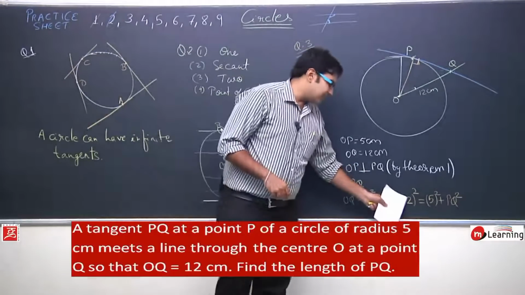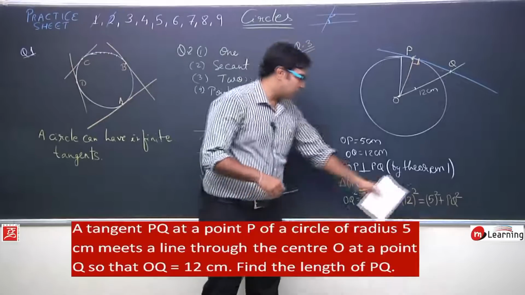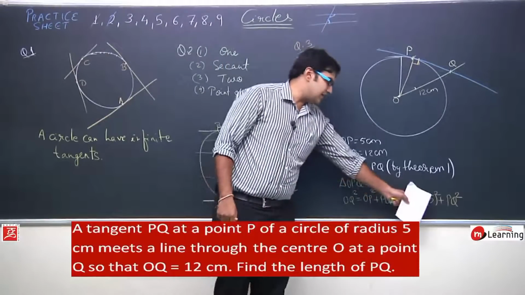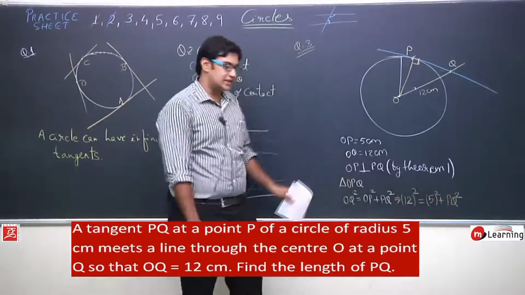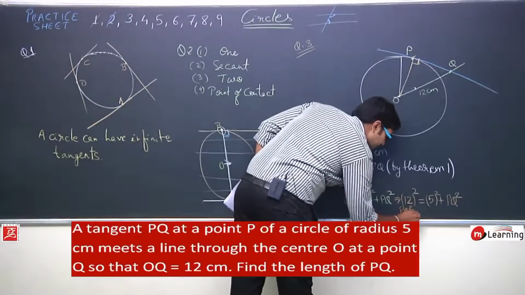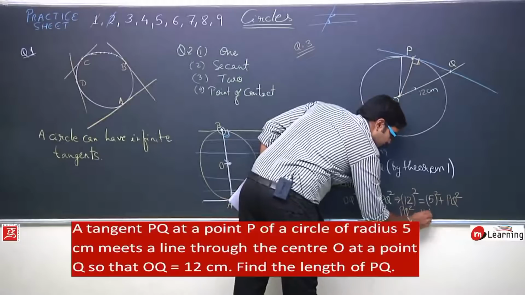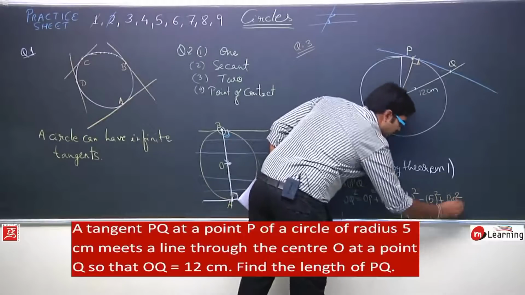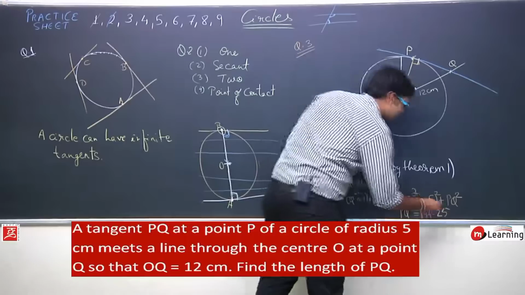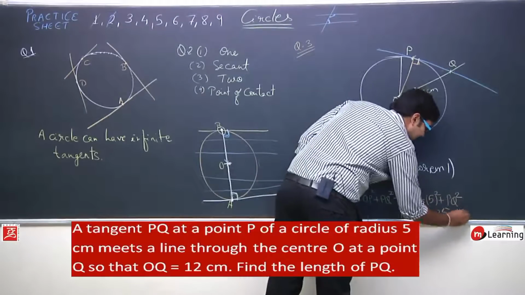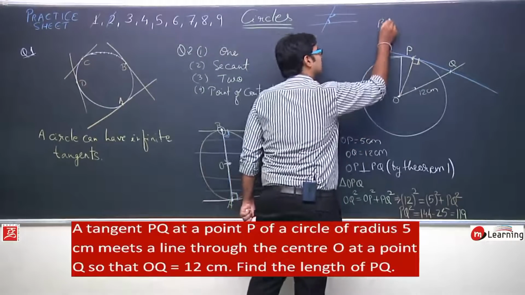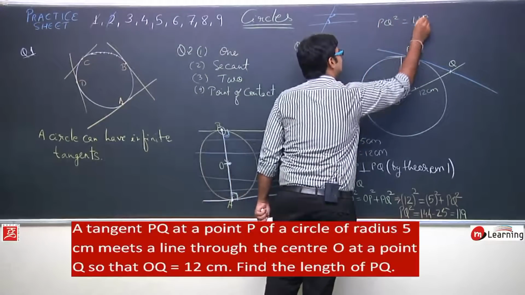Now 12 square is 144, 5 square is 25. So when you shift this 25 from RHS to LHS, you will get PQ square is equal to 144 minus 25. And what is 144 minus 25? It is equal to 119. So PQ square is equal to 119.